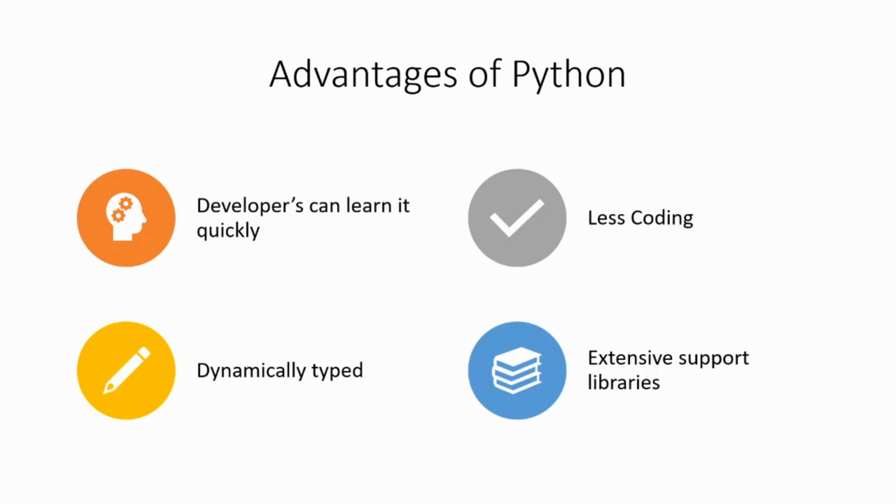Then there is extensive library support. There is a huge amount of libraries out there with Python, especially with the Python 3 version. There are lots of libraries to work with, and it's quite fun working with those libraries. It makes programming a lot easier, a lot simpler. Like there are a few libraries, like NumPy, which is used for numerical mathematical calculations.